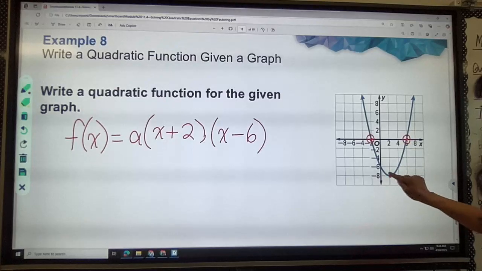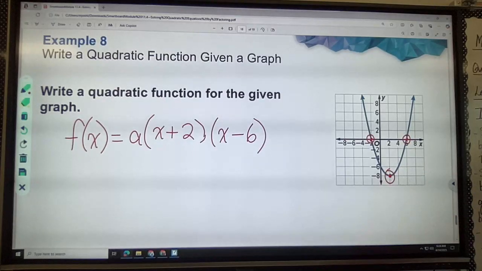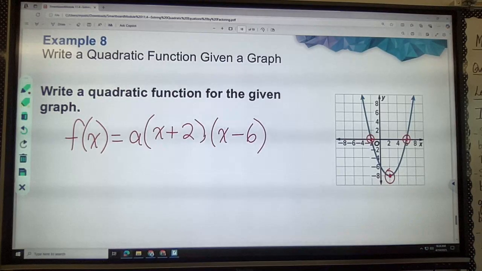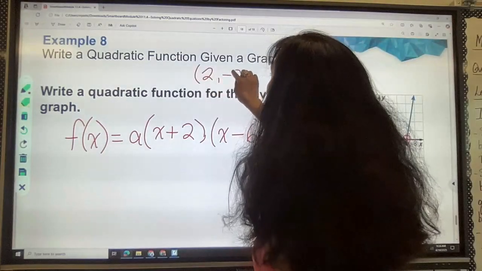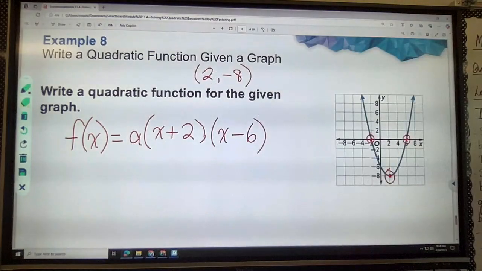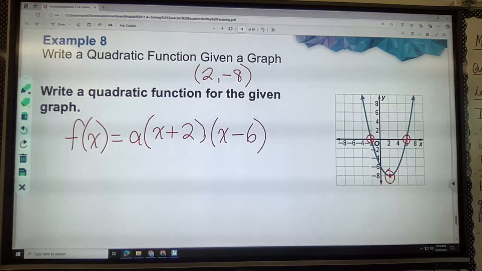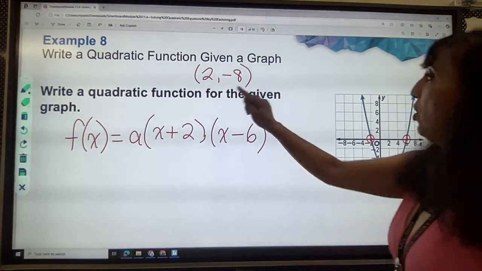Here, we're going to take this. So we've got (2, -8) on the graph, right? So my values that I'm taking are 2, -8. I'm taking the vertex in this case, and I am going to substitute those values into the equation.